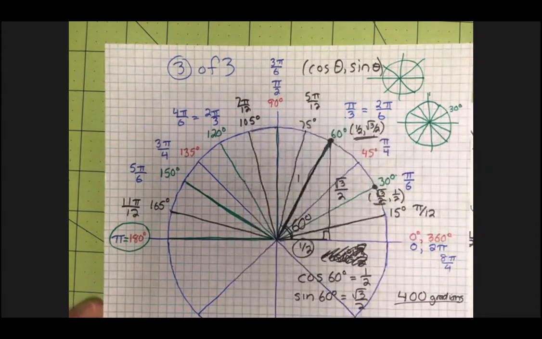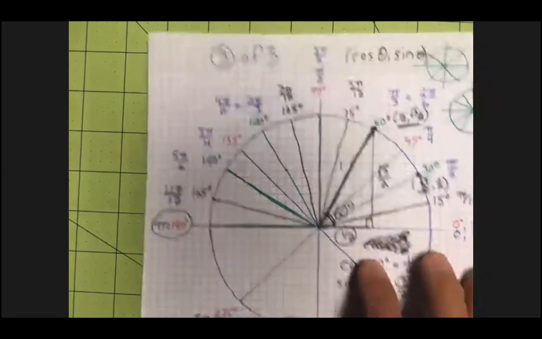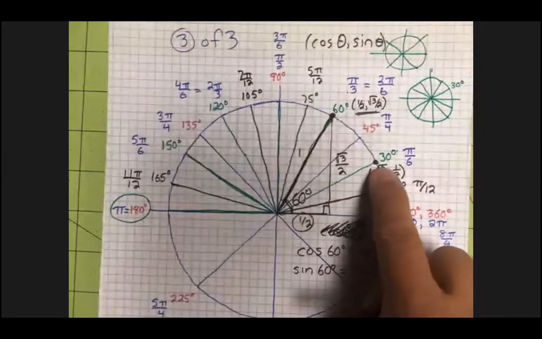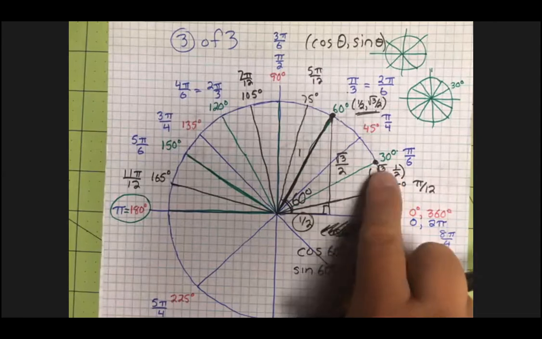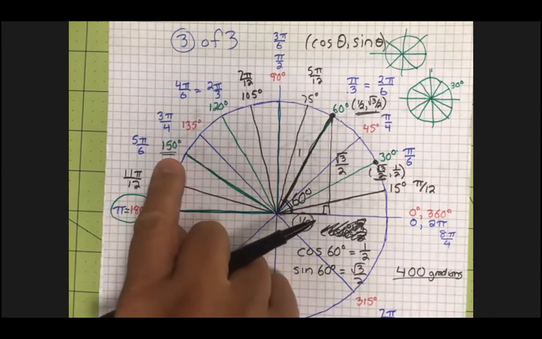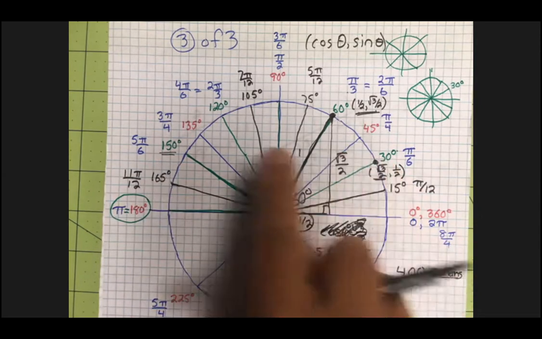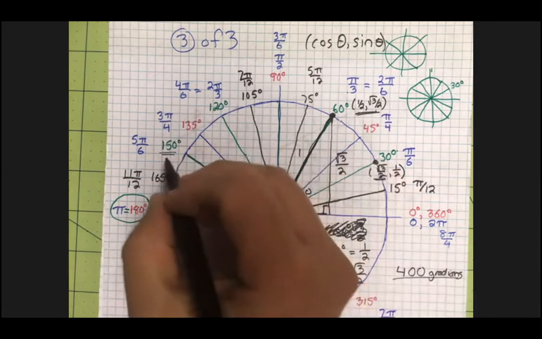Now, let me show you how else this is powerful. Let's go from 30 degrees over here on the right to 150 degrees over here on the left. Now we're at 150 degrees. Let's talk about 150 degrees. Just by taking the mirror image of this point, what do I learn?